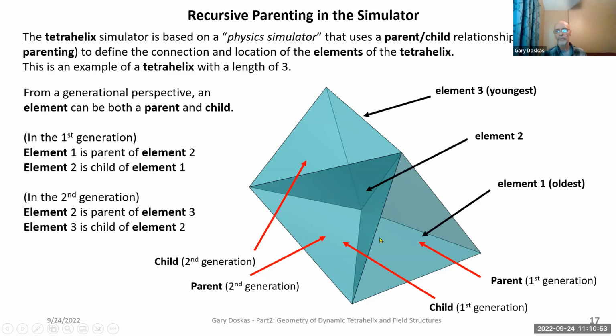And from a generational perspective, any element could be both a parent and a child. If you look at the first generation, element 1 is a parent of element 2, which makes element 2 the child of element 1. You move into the second generation, element 2 now becomes a parent of element 3, and element 3 now is a child of element 2. And that's recursively done to build out a tetrahelix.